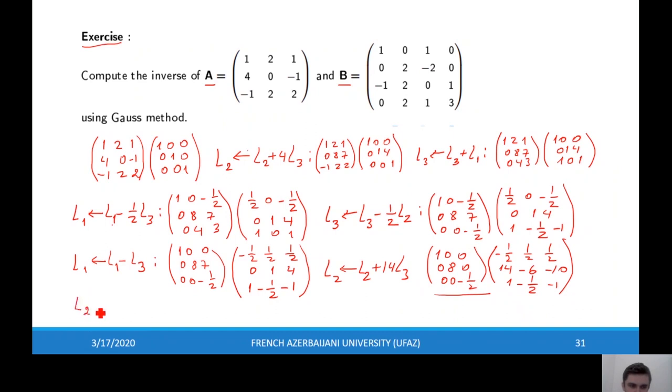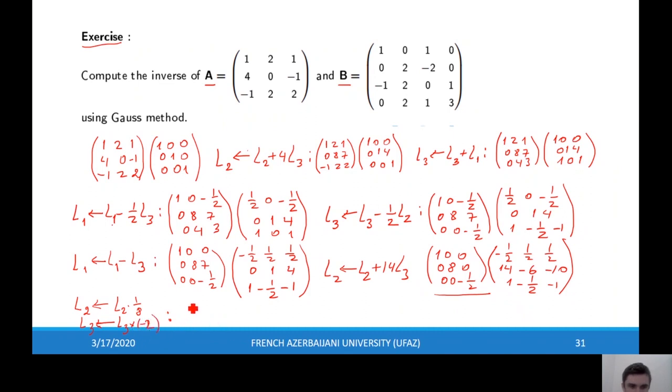Instead of L2, we write L2 times 1 over 8, and instead of L3, L3 times minus 2.